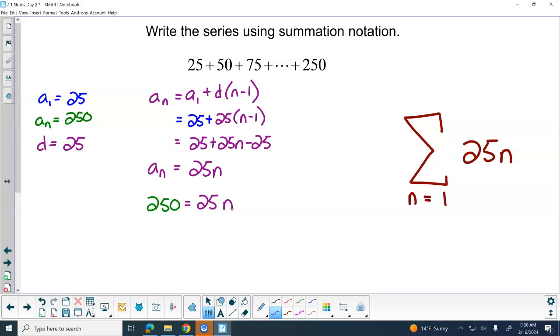Well, n is how much then? 10 is n. So that means that 250 is the 10th term. Which means then that this is 10 up there.